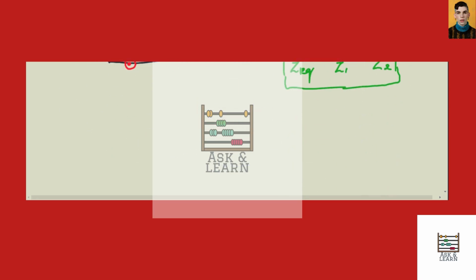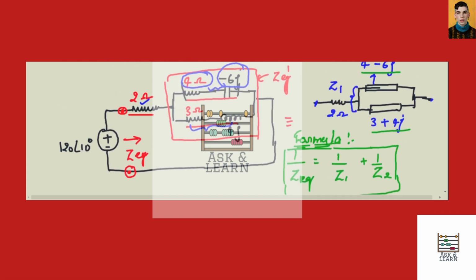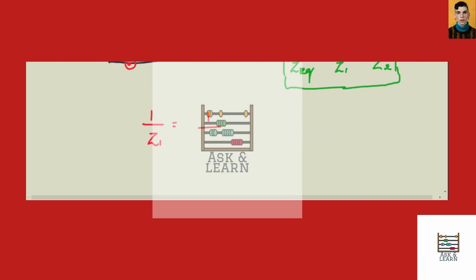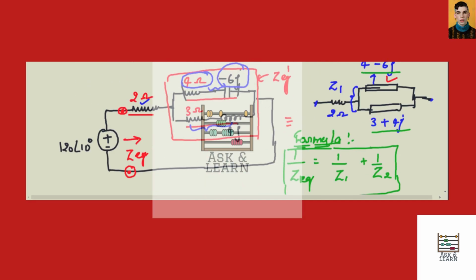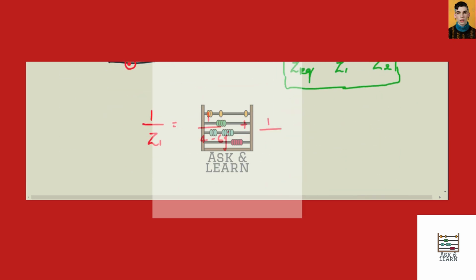The 1 upon Z1 will become 1 upon the first element, which is 1 upon 4 minus 6j, plus the other element, let's suppose this is our Z2, which is 1 upon 3 plus 4j.